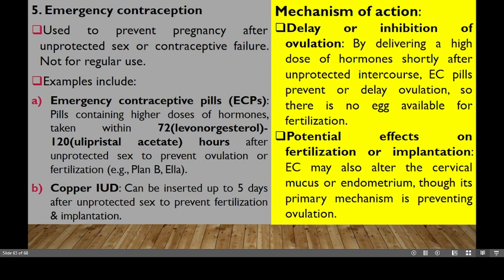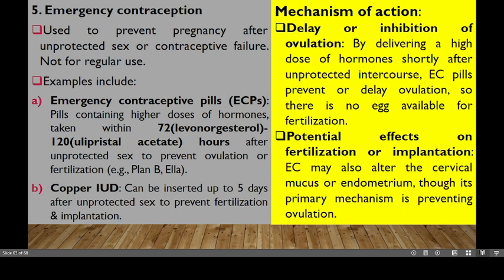But generally, the mechanism is all about delaying or inhibiting ovulation by delivering higher dosages of hormones shortly after unprotected sex. Emergency pills can prevent or delay ovulation so that there is no egg available for fertilization.